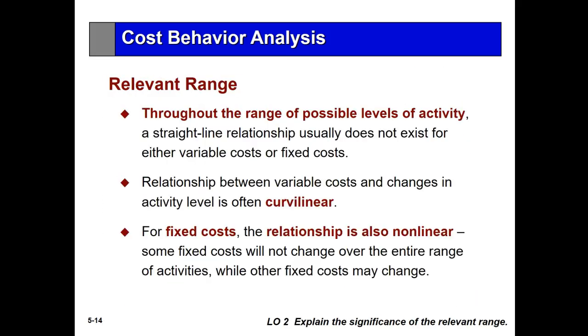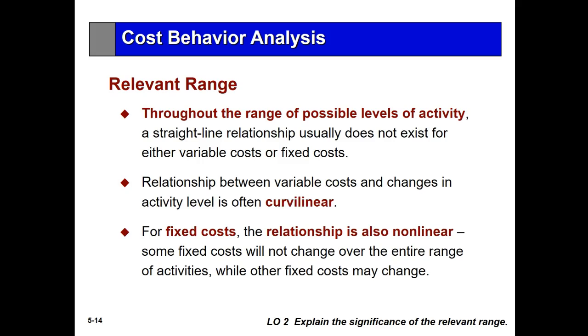Relevant range is a concept that relates to fixed costs. In my example, I had a building costing $20,000. It would have a capacity to produce, let's say, 5,000 desks. So up to the production of 5,000, the fixed cost will not change. That's called the relevant range of activity.